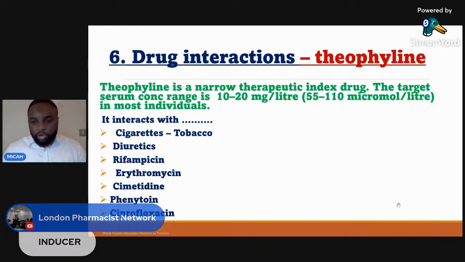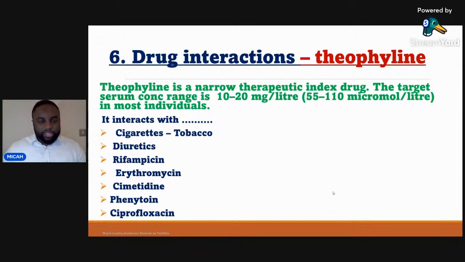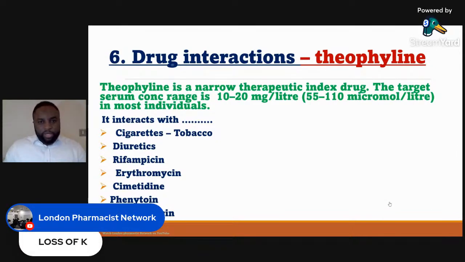Diuretics can also cause drug interactions with theophylline, because some diuretics, of course, can cause hypokalemia. They can cause loss of potassium. And guess what? Theophylline can also cause loss of potassium.